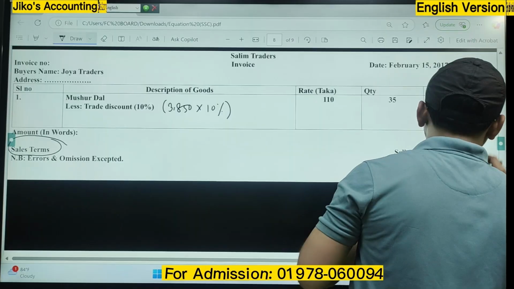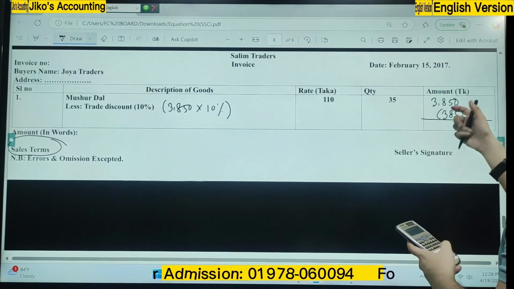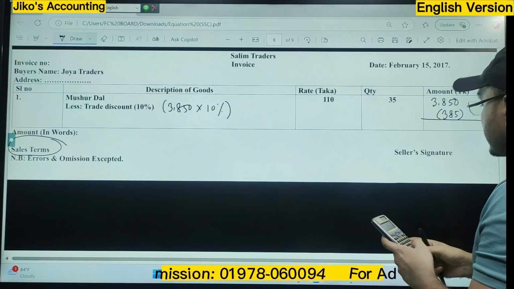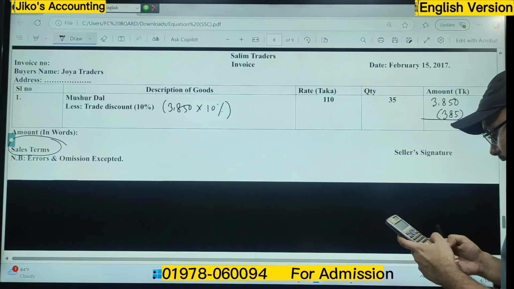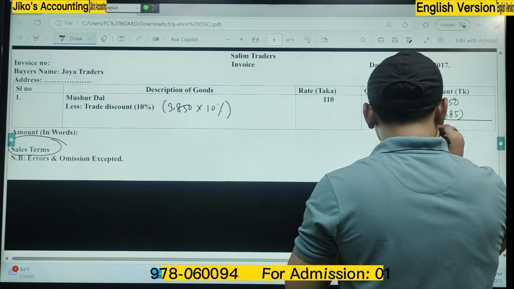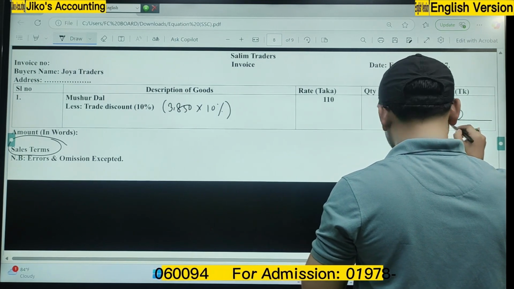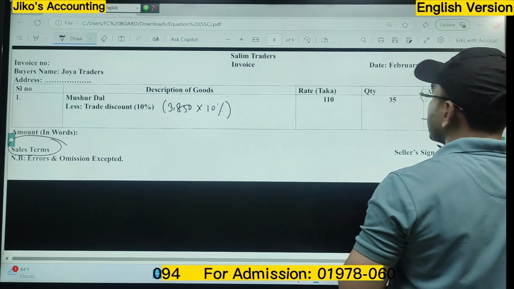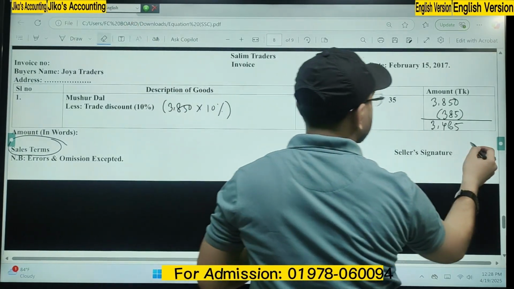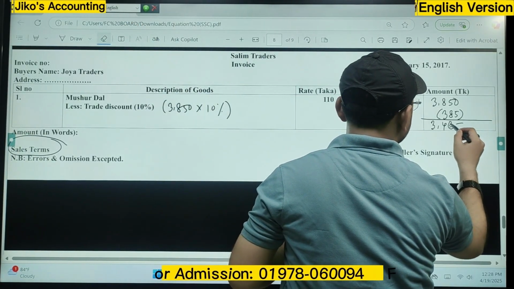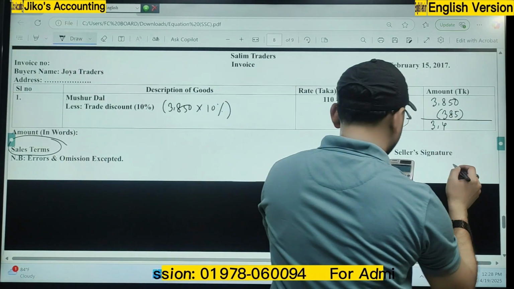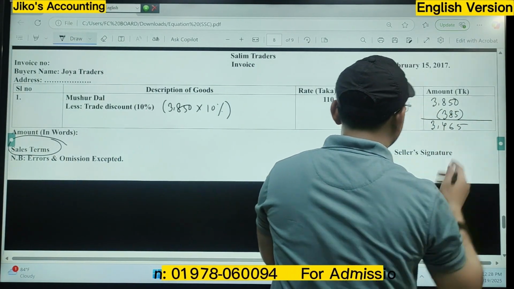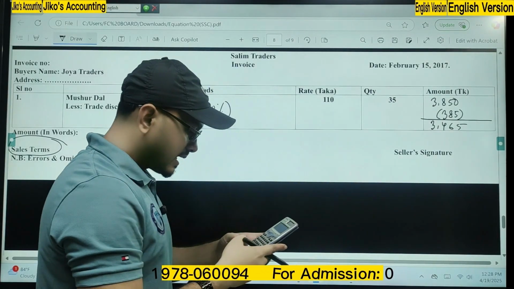Now trade discount is to be deducted from our total sales amount. 3850 minus 385. What is our rest amount? 3465. 3465. Again, I have to check it.